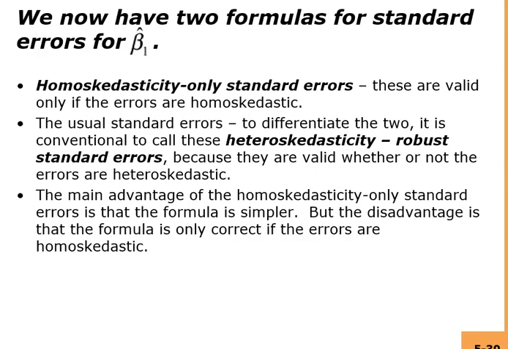The main advantage of the homoskedasticity-only standard error is that the formula is simpler, but the biggest disadvantage is that if there is heteroskedasticity present in the data, the standard errors that you calculate will be wrong, which would mean that the hypothesis testing that you do for the estimators of beta 1 hat and beta naught hat will also be incorrect.